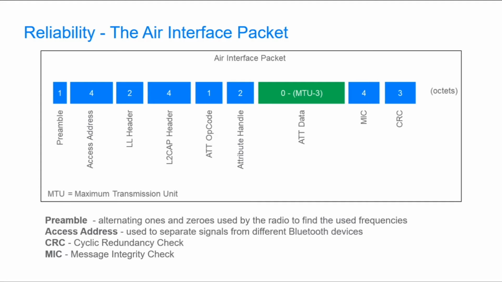If we shift our attention to the right-hand side of the slide, the cyclic redundancy check is on all packets, and its job is to provide a way which allows data corruption to be identified. So errors in communication are picked up by looking at the cyclic redundancy check. The way it works is that the transmitter formulates its air interface packet consisting of a number of bits. It then calculates a CRC value from all of those bits in the packet and adds it to the end and then sends it.